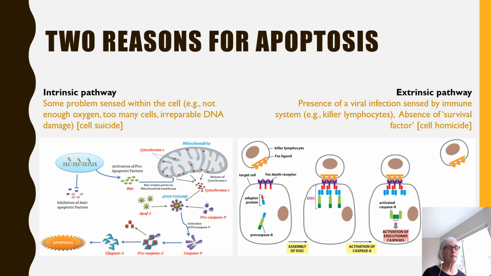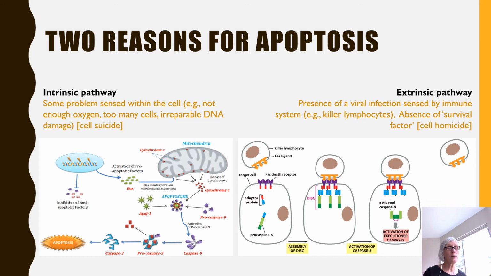A second reason that a cell might undergo apoptosis occurs via an extrinsic pathway. The extrinsic pathway occurs if a cell is virally infected or if it's not receiving the proper communication.